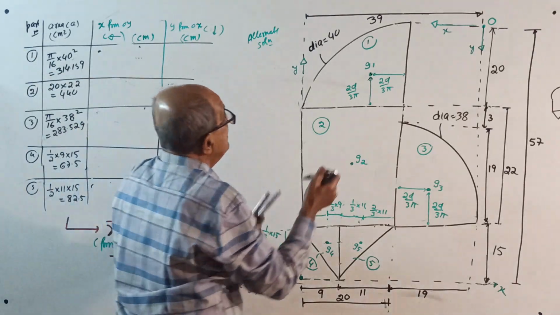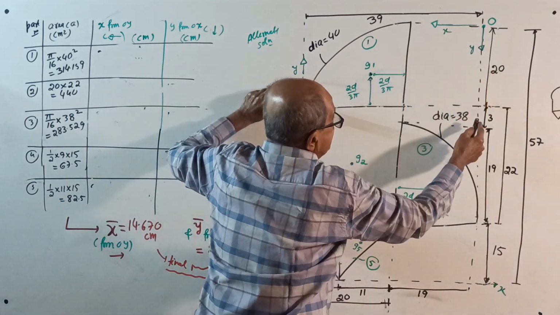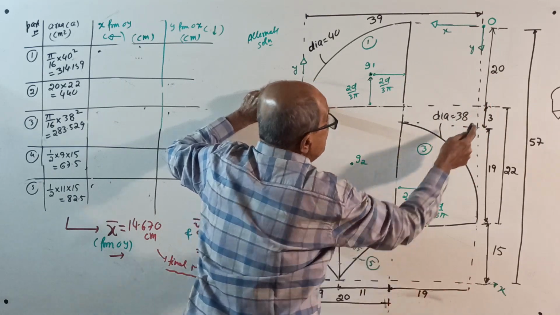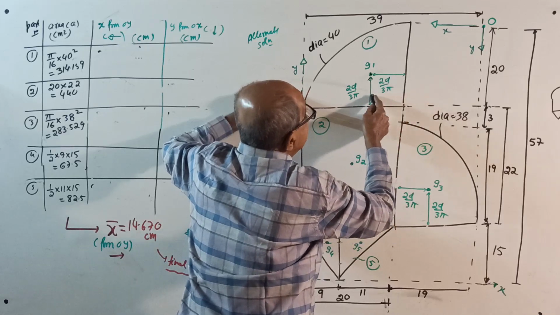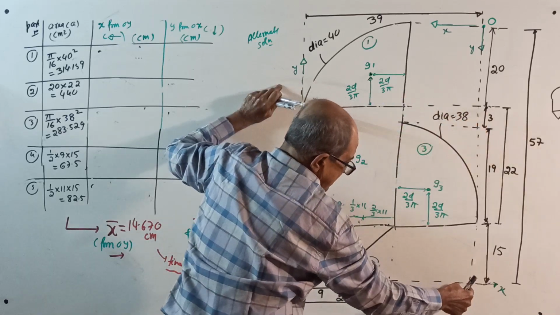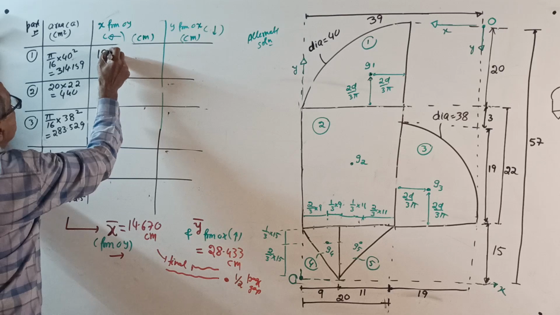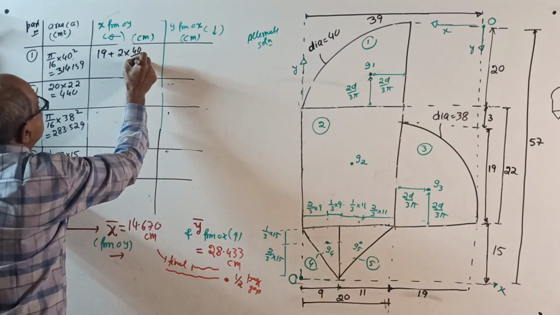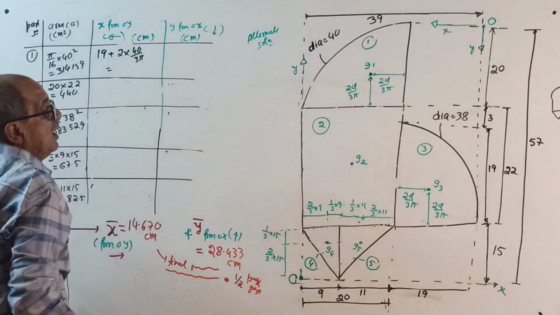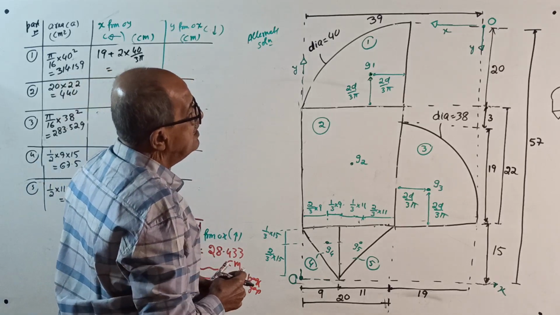Start. This point, x from here. See, 19 plus this distance, 19 plus 2d by 3 pi, 19 plus 2 into diameter 40 divided by 3 pi. 45 point, huh? No, wrong.